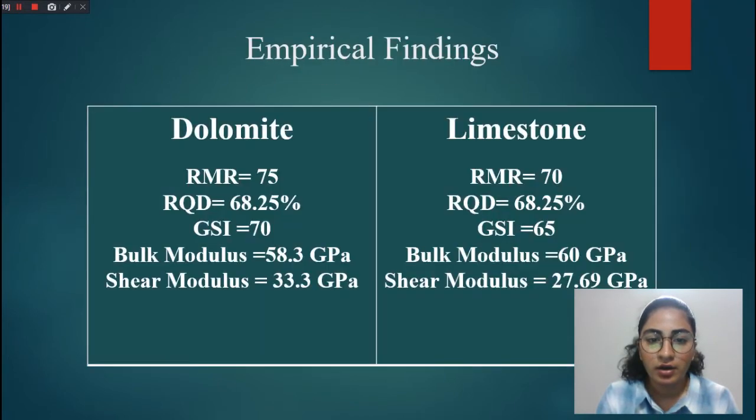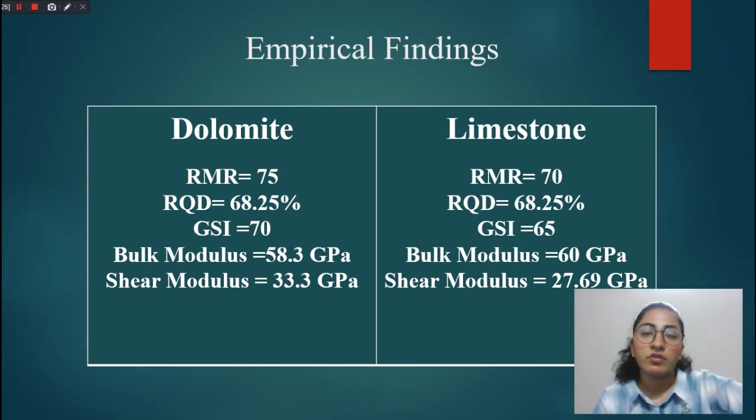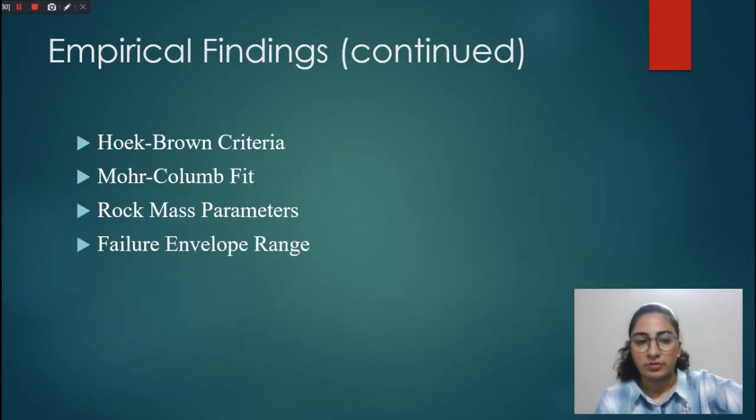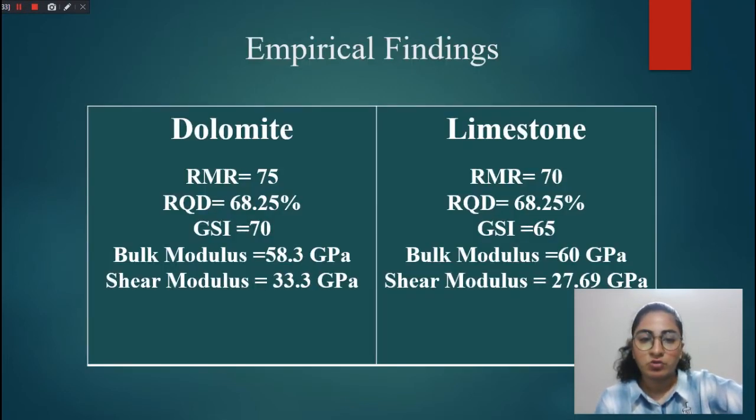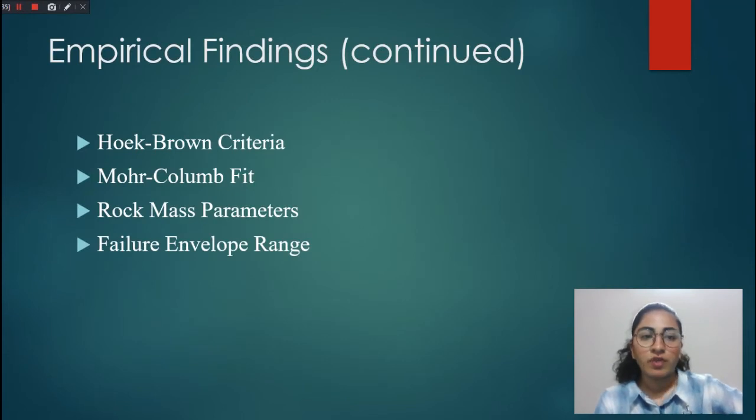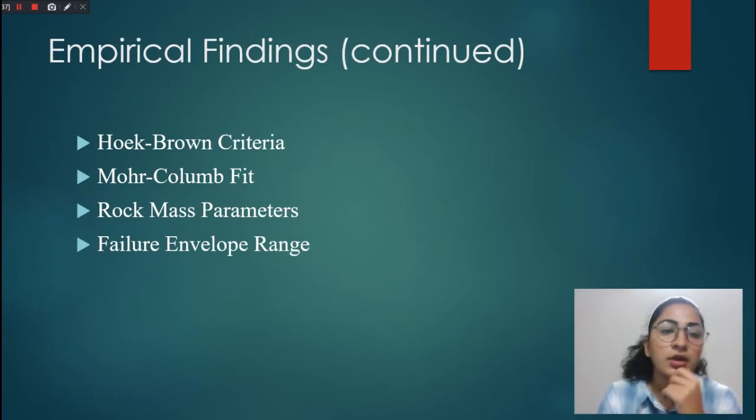Moreover, we also found properties that were not given in the project or not found using lab testing. For this purpose, we used RockLab software to get the values for variables of the Hoek-Brown criteria, Mohr-Coulomb fit, rock mass parameters, and failure envelope range.